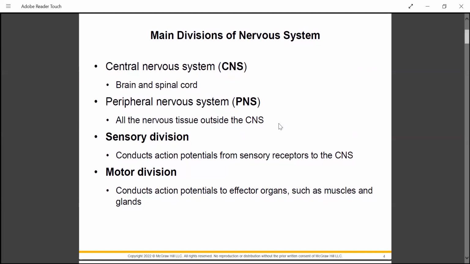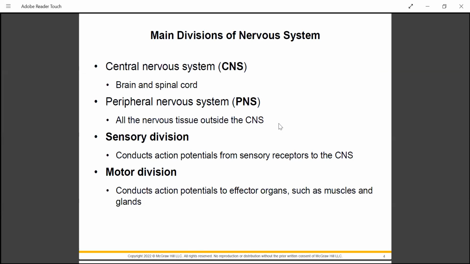So we just said above, the central nervous system is our brain and spinal cord. The peripheral nervous system is all the tissue that falls outside of our central nervous system. And for both of these, we're going to talk about a sensory division. Our sensory division is going to send signals to the CNS, so that's from the periphery to central.